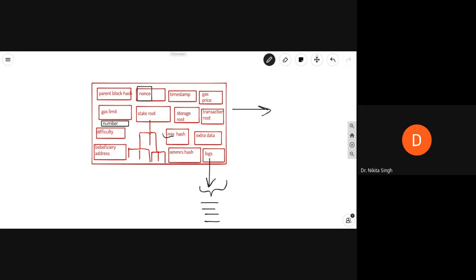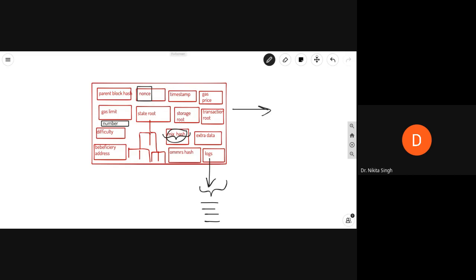Now, how will this be verified by other people? So what Ethereum does is it will give you a hash, and when you add the nonce to the hash, you are able to verify whether the correct amount of work has been spent in adding this block to the blockchain.